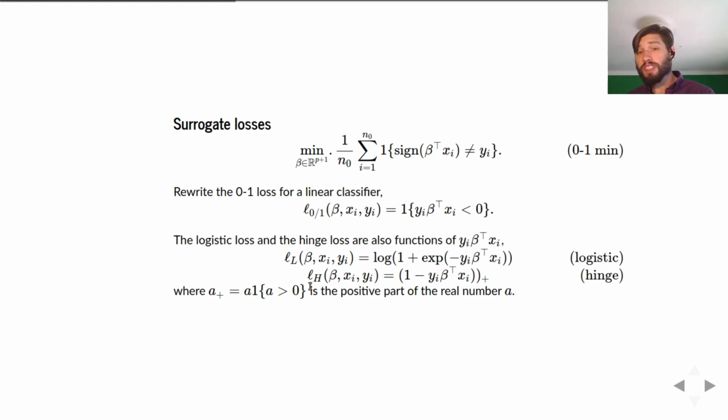Similarly, we could think about the hinge loss instead, and this is the positive part of 1 minus yi times beta transpose xi. There shouldn't be another parentheses here. And remember, the positive part is just the value if it's positive, and it's 0 if it's negative. So we'll look at these specifically, individually, and their properties. But they're supposed to be surrogates for the 0-1 loss.